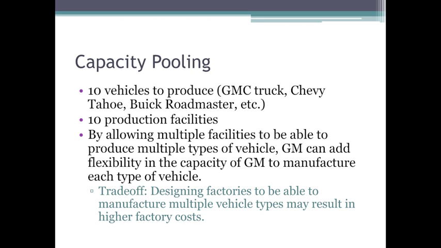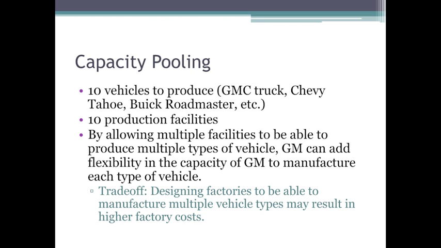Well, this is capacity pooling. What we do is we allow multiple facilities to be able to produce multiple products. That way we can adjust our production to better meet demand, and we don't have production that is tied into one specific type of demand. Thus, we can tailor our production to actually meet demand.